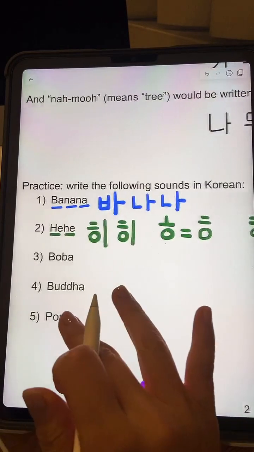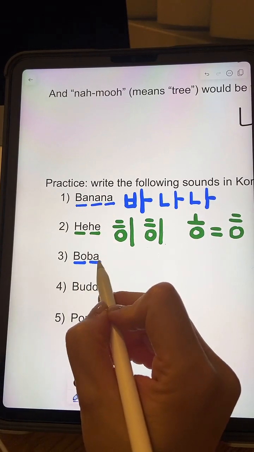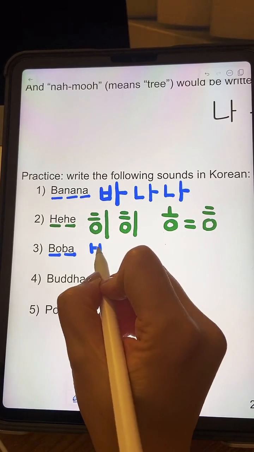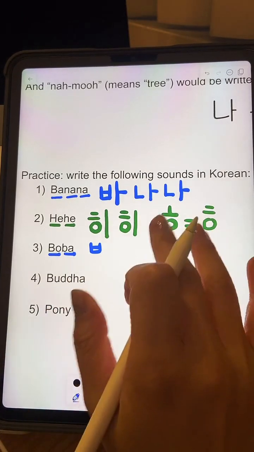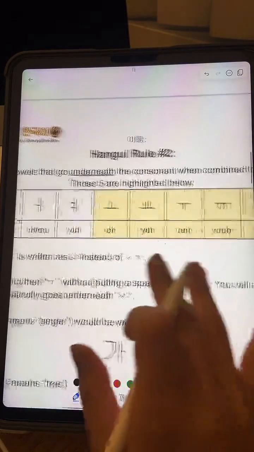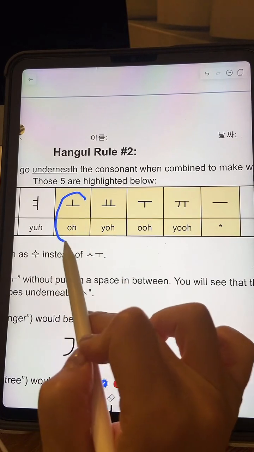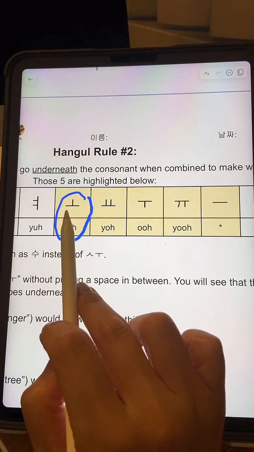All right, number 3, boba. Think about the vowel sounds. We need the B. And then we need O. What's the O vowel? Let's look up. Which one do you think? It's the first one. O. But it goes underneath.